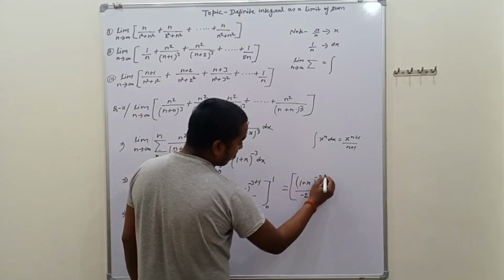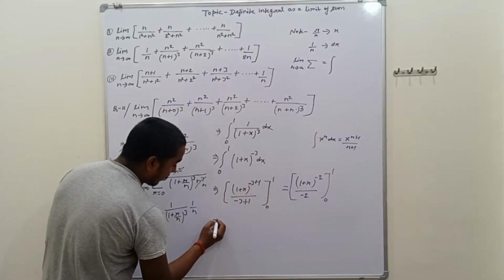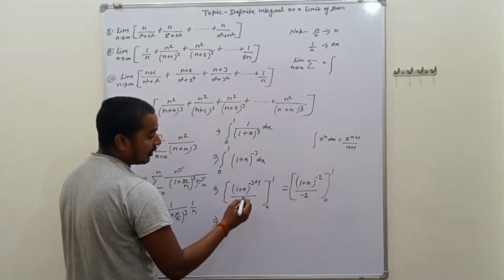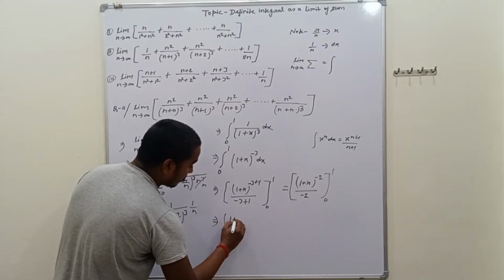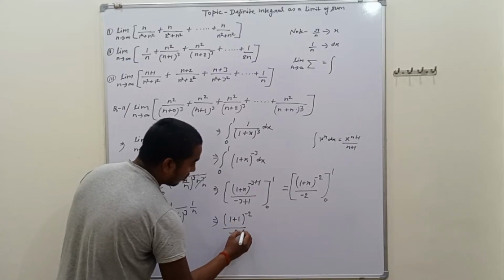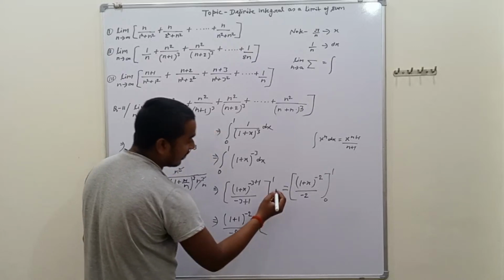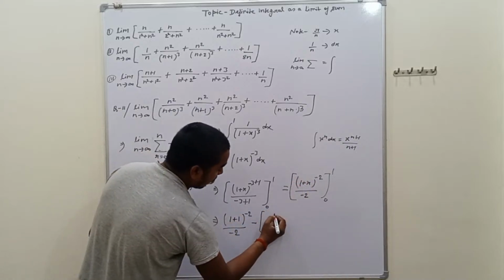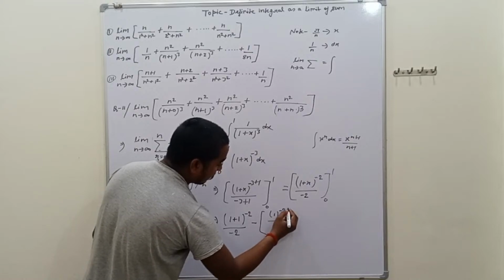On applying limit 0 to 1, in place of x we put 1 for the upper limit, that is 1 plus 1 to the power minus 2 upon minus 2, and minus, on applying the lower limit, in place of x we put 0, that is 1 to the power minus 2, and minus 2 is already present.